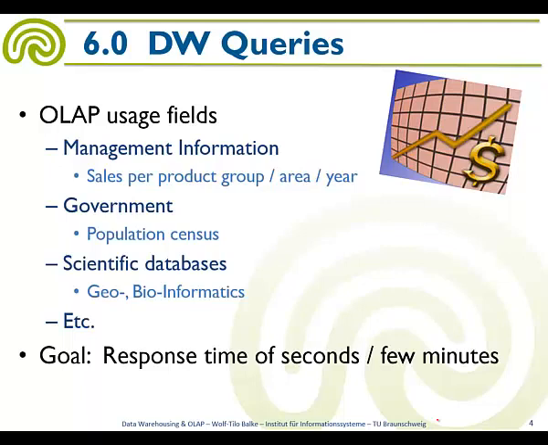So we're talking about decision support for management information, but also for other areas where a lot of data is collected, government, for example. So you need to know everything about what's going on in government to make good decisions, and also to give the transparency to users, right, or to citizens.